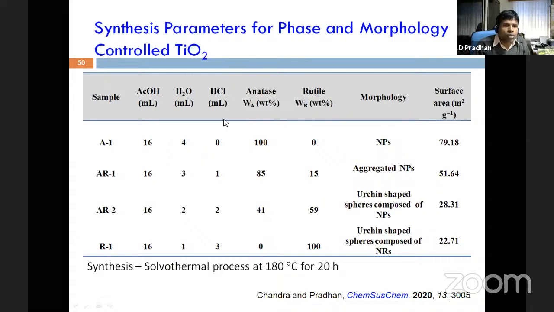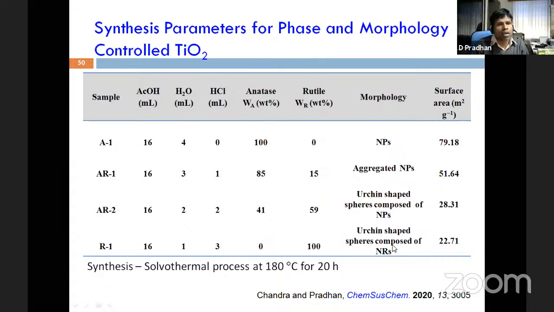As we kept increasing the acid content, HCl was increased to 1 ml in a 20 ml solution, and water was reduced to 3 ml. Similarly, as we keep increasing the HCl, we reduce the water, and we found that not only does the rutile phase start evolving, but the morphology also evolved from nanoparticles to urchin-shaped spheres composed of nanorods.